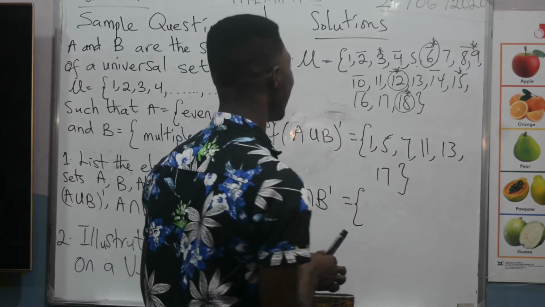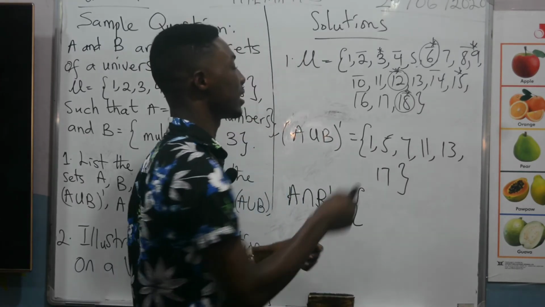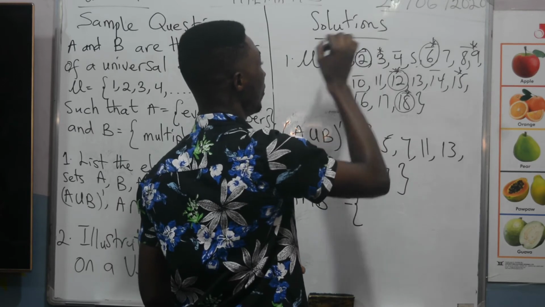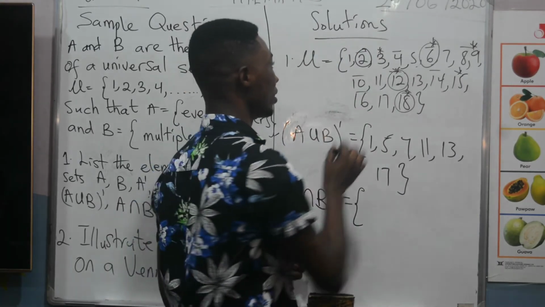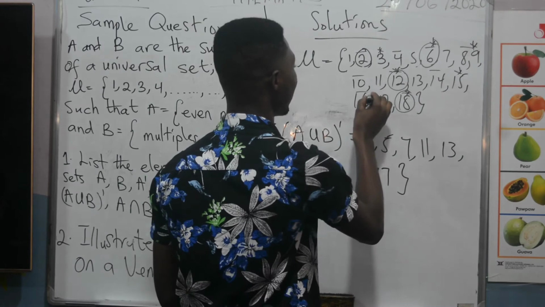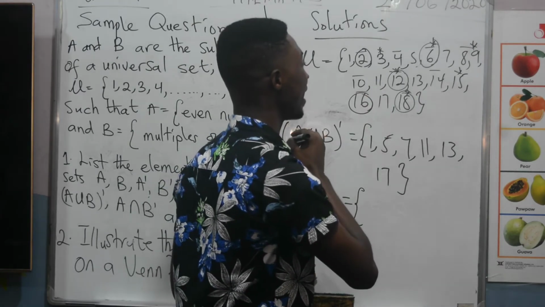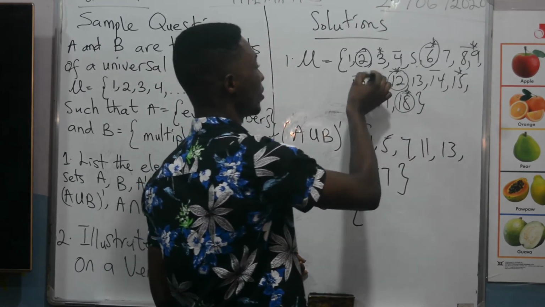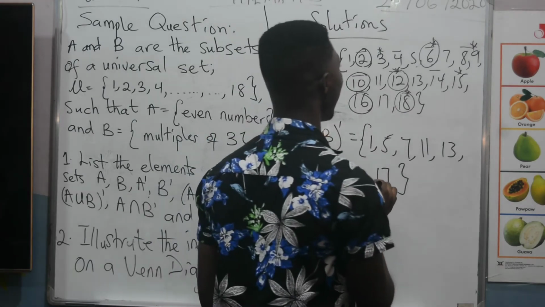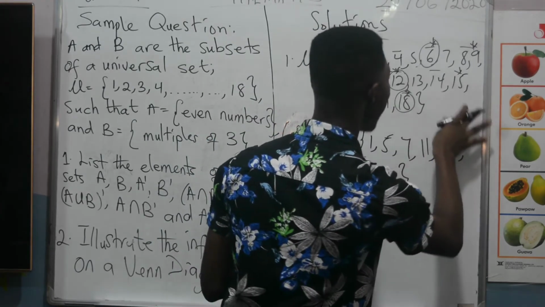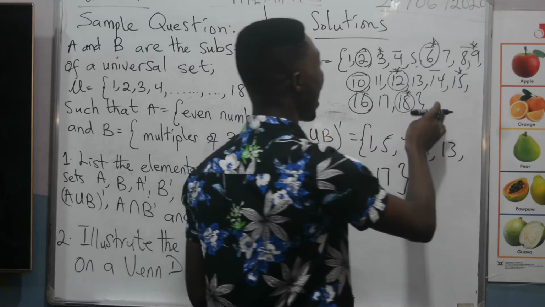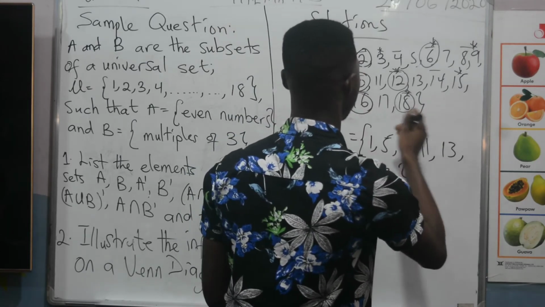So it means that in A intersection B complement, 2 will be in there. 16 will also be in there. 10 will also be in there. The even numbers that are not in B are the complements. So they will be in there.